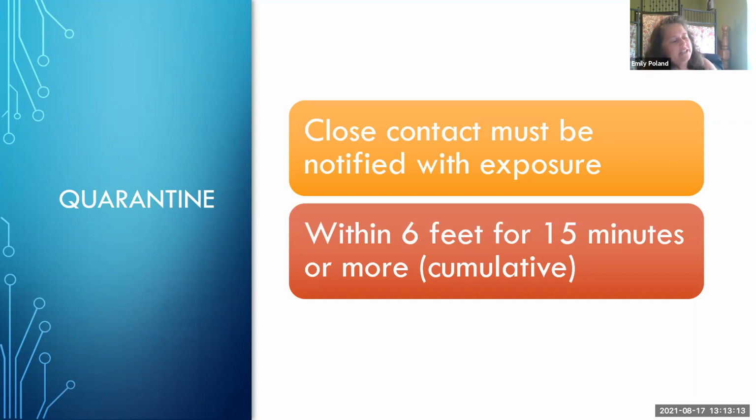And I failed to write in, as I was making these slides an hour ago, that direct physical contact would also qualify as being an exposure. So within 6 feet for 15 minutes or more, and/or direct physical contact.